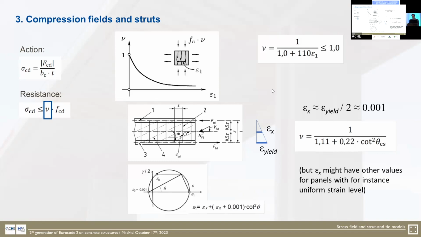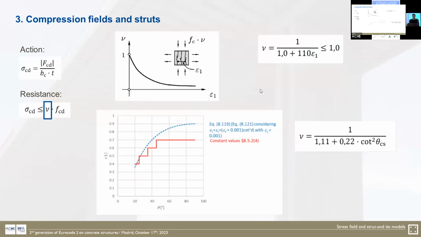This allows, in any case, to make an assumption also on the angle. And for practical reasons, for convenience, there are standard constant values that have been provided within the code as a first level of approximation.